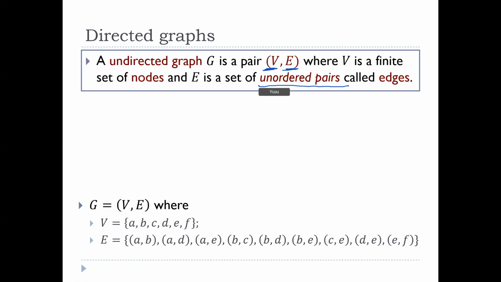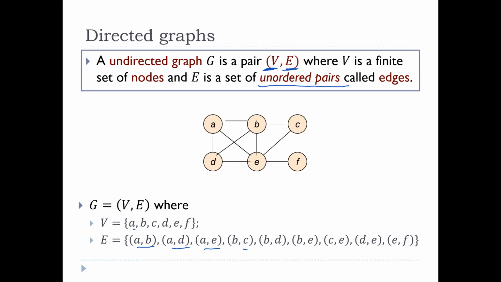So for example, here's one example where the nodes are A, B, C, D, E, F again, and the edges are now all undirected. Again, visually, it's much more convenient to plot them as nodes, and for each edge I connect the two nodes, okay? So for example, here we have an edge AB, there's no direction. I could have also written this as BA. This would be the same, okay?